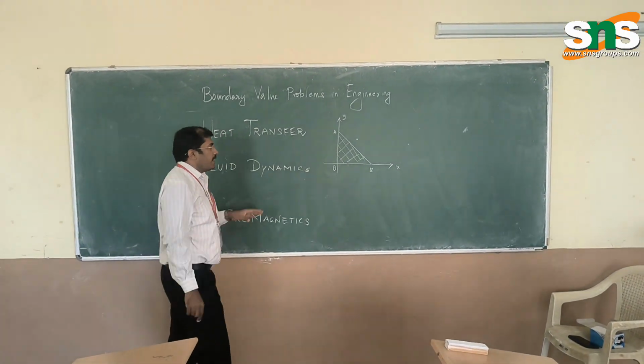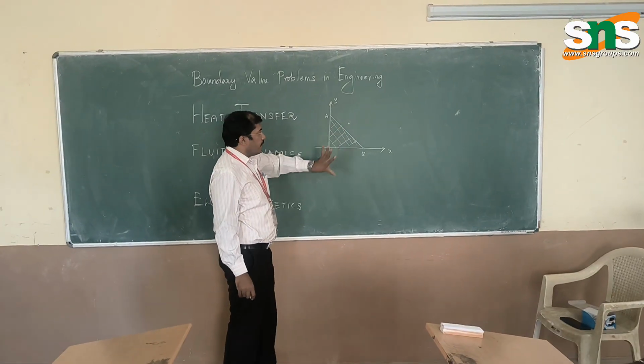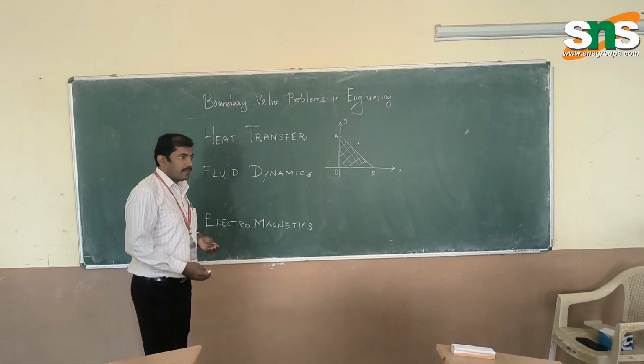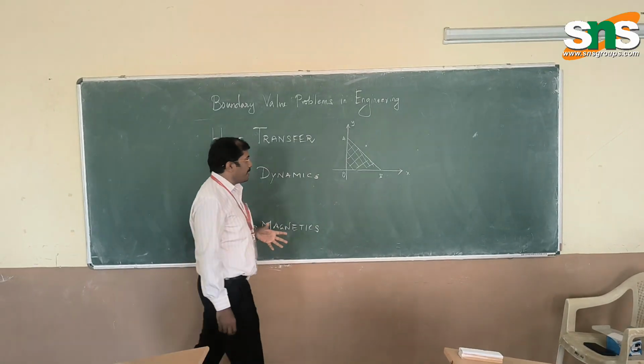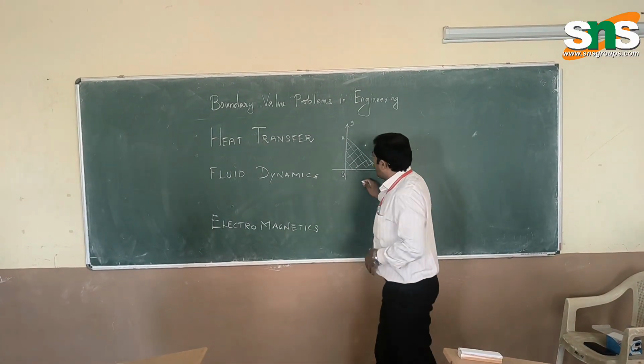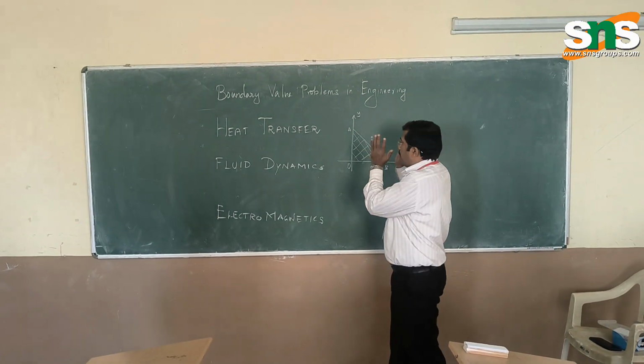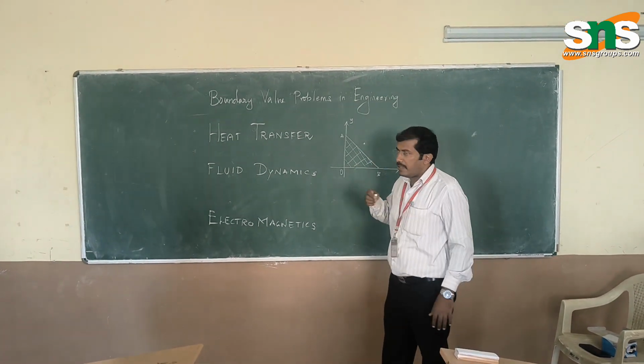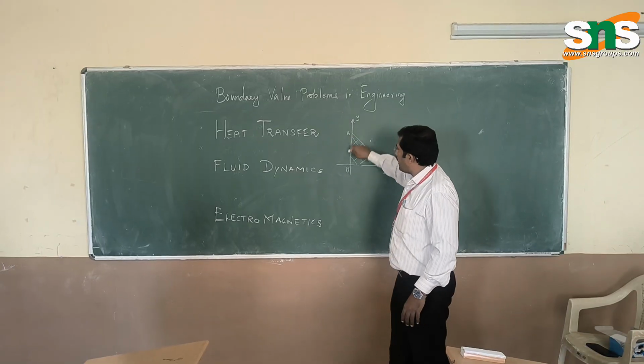So how many boundaries does it have? It has 3 boundaries. So these 3 boundaries are governing this region.